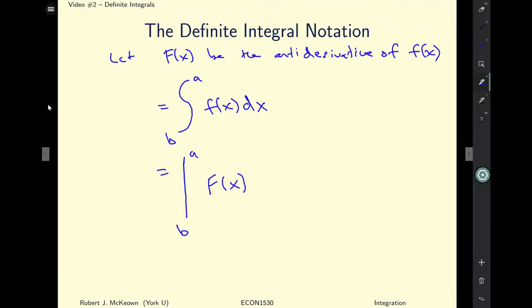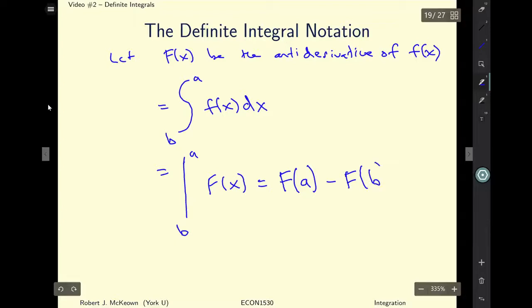So I integrate first, and then I want to find the area underneath this function, and that's going to be big F evaluated at A minus big F evaluated at B.